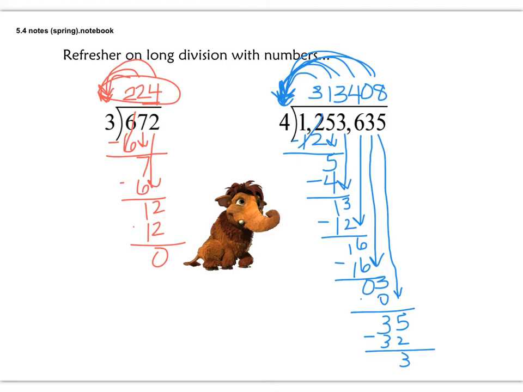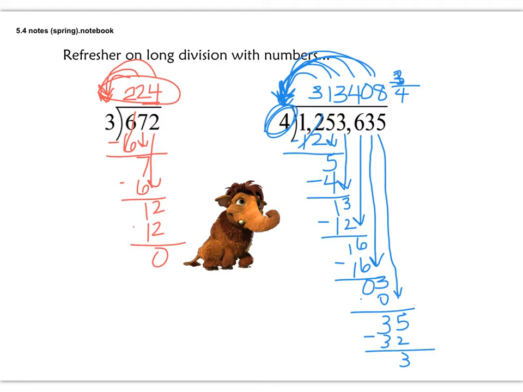Now, from here, every year I have students say, oh, you put a big R and then a 3. And whatever teacher taught you that, it drives me nuts. I don't want a big R, okay? The remainder of 3 goes up top over, that's a terrible 3, sorry about that, over whatever it is you're dividing by, which is the denominator.